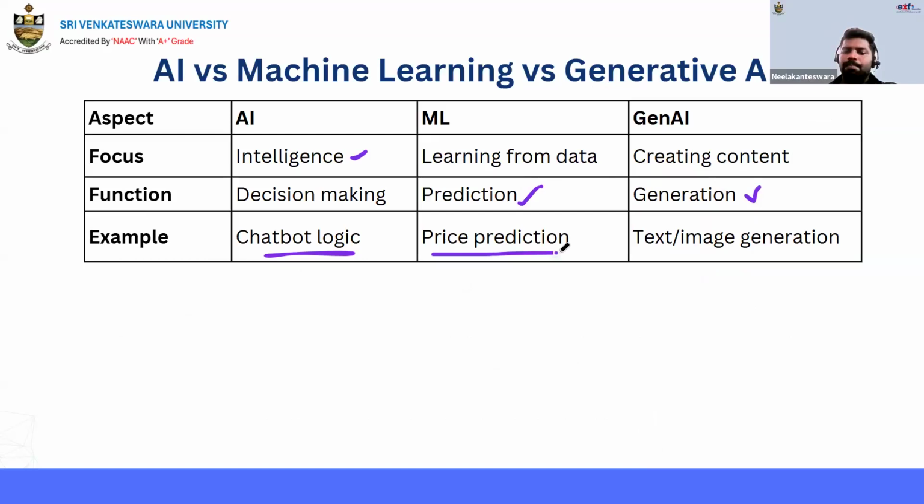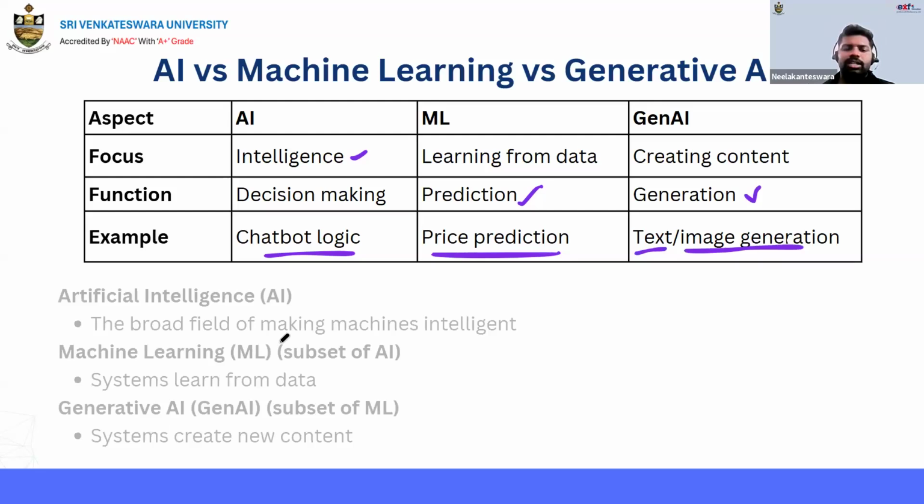Price prediction, like recently we discussed house price prediction, comes under machine learning, or whether an email is spam or not. In today's class we see one example: based on some constraints, we predict whether the student is going to pass or fail. These all come under machine learning. And the main example for GenAI is text or image generation.